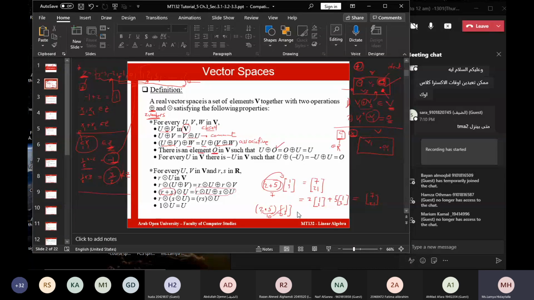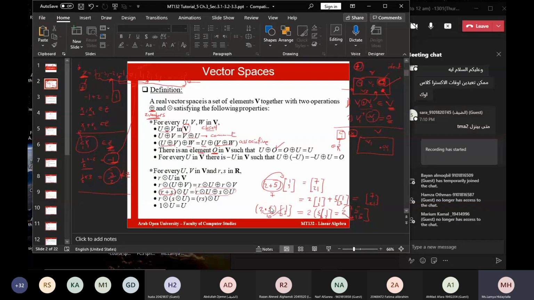Or else this is the same as leaving the 2, multiplying first 5 times the vector (1, 3) and getting the result: 5 times 1 is 5, and then 5 times 3 is 15, correct, and then after that multiply by the 2.